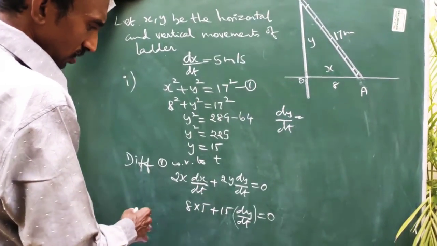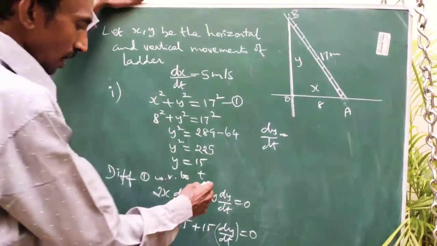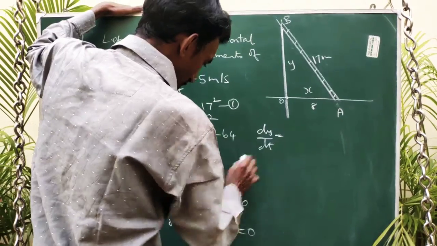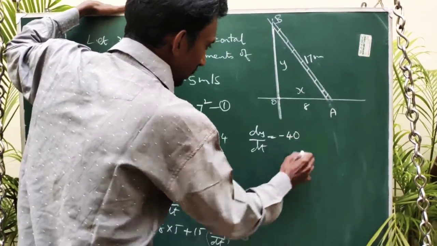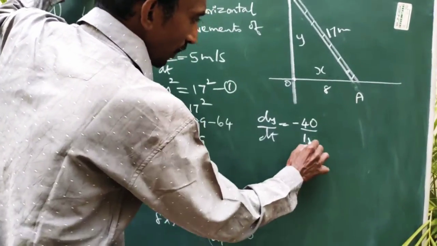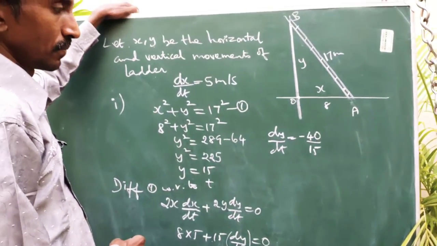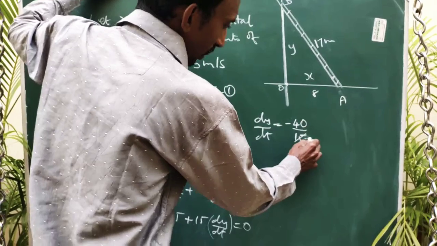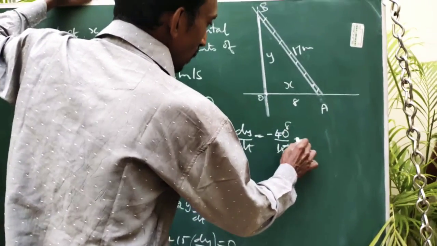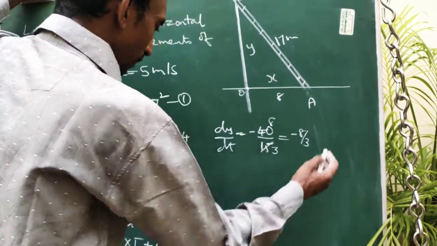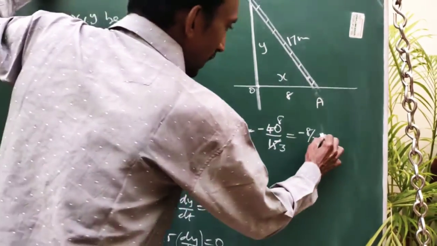So dy by dt equal to 5 8s are 40; if we change the side, we get minus. So minus 40 by 15. Cancel by 5, so 3 times, and here 8 times. So minus 8 by 3. The unit is meter per second.